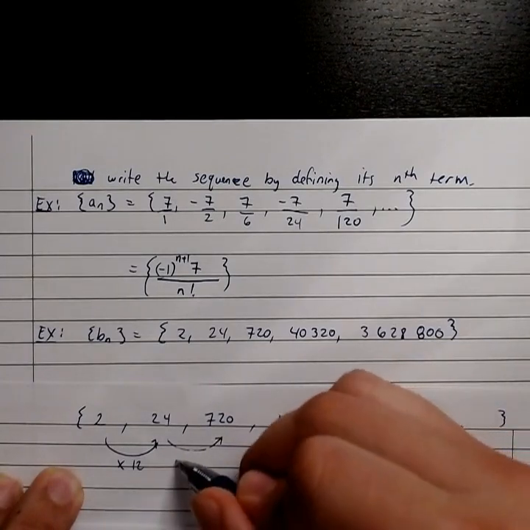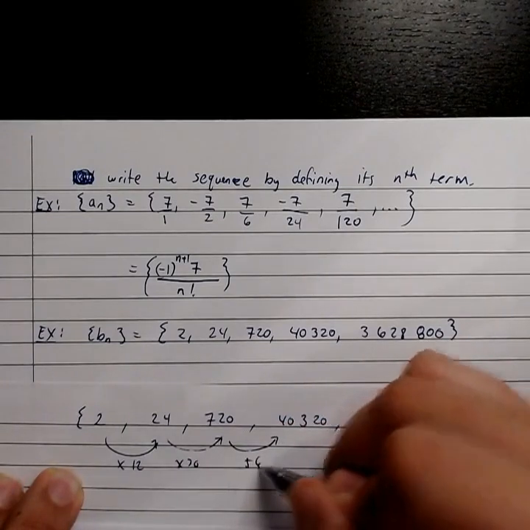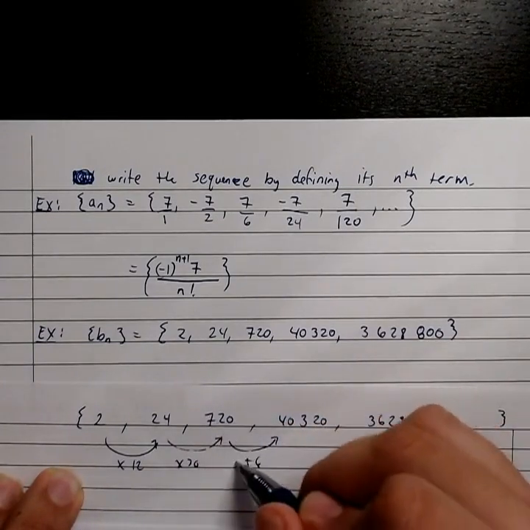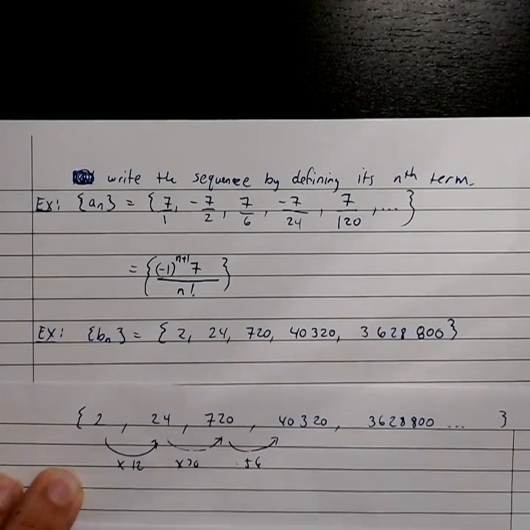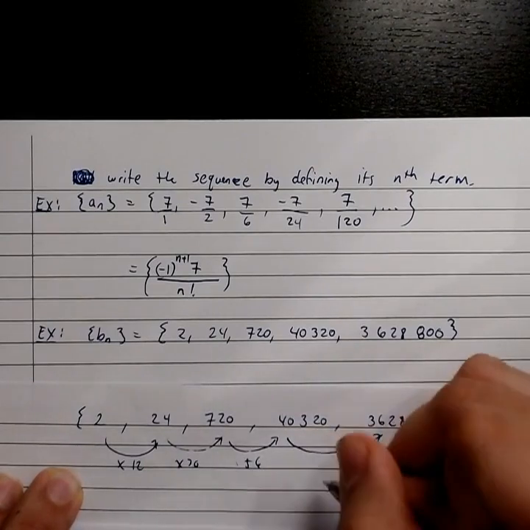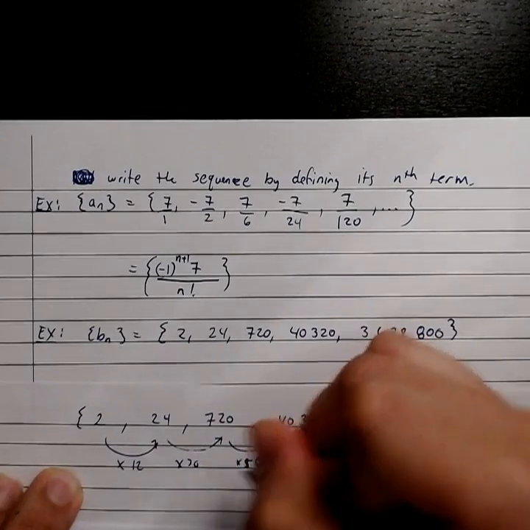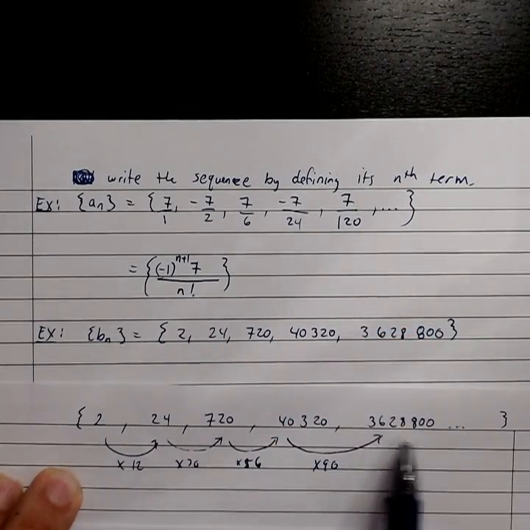And that does work out to be a whole number. That's 30. And then that one was 56. 720 times 56 is 40,320. And then if you multiply that by 90, that is going to give you that number. And I had to do that one. I couldn't do that mentally.